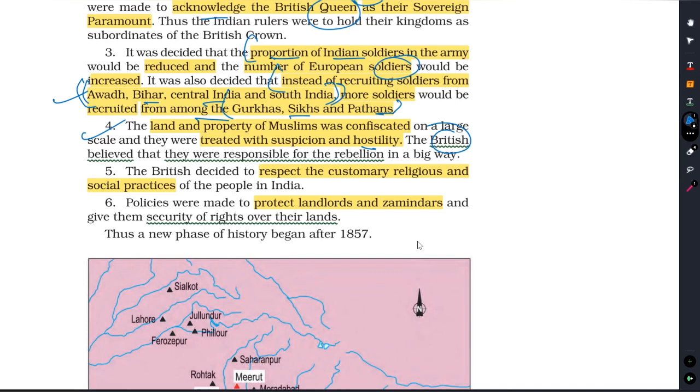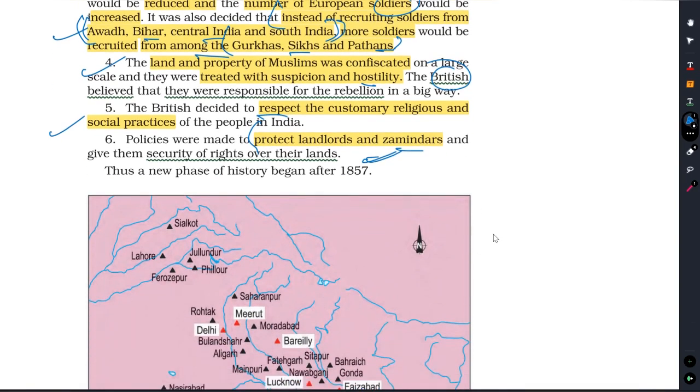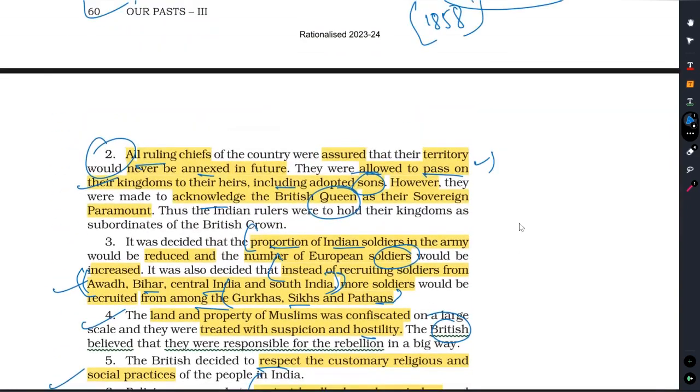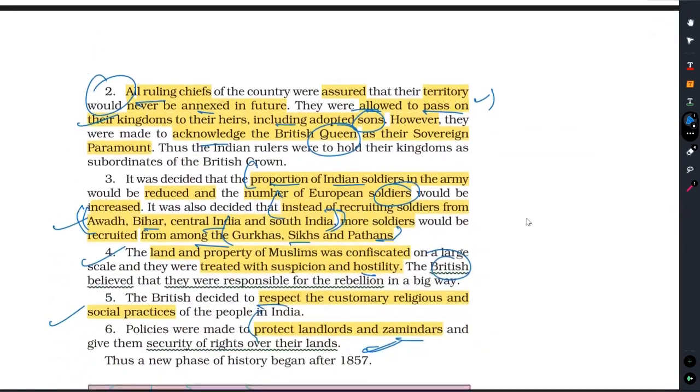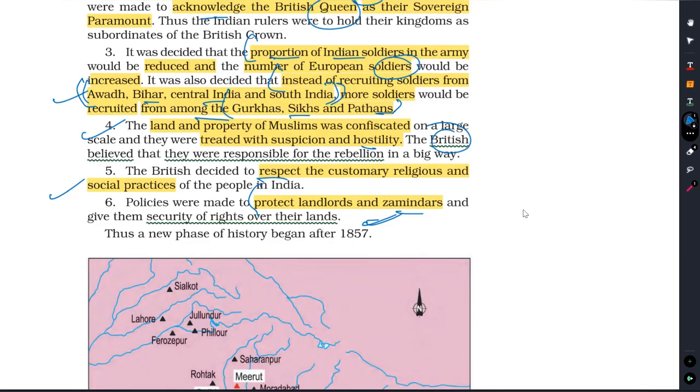They thought that Muslims were majorly responsible for this rebellion. Respect for customary religious and social practices was also promised. To protect landlords and zamindars, security of rights over their lands was given to them. So, these are the changes made by the British Crown to regain the faith of Indian society.